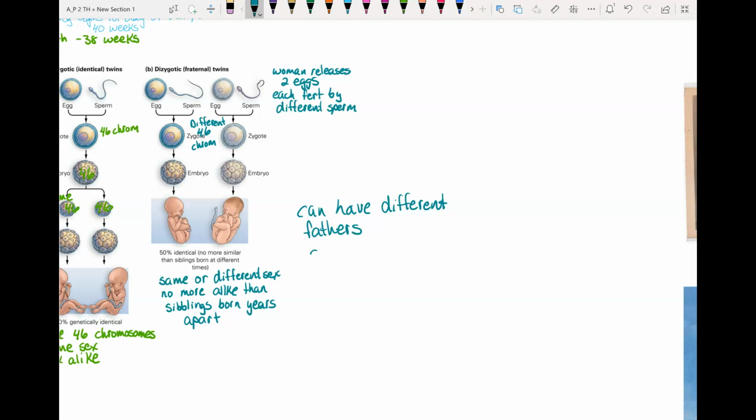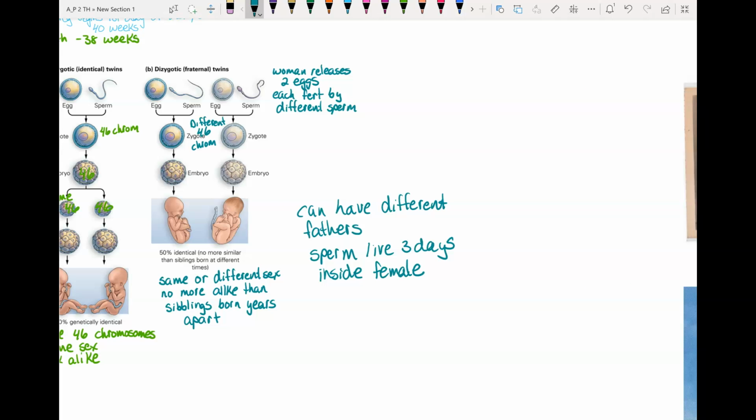Because remember, sperm can live 3 days inside the female reproductive tract. So if a woman has sex with 2 different men during the 3 days before she ovulates, then there would be 2 different sets of sperm there, and it's a 50-50 that each egg could be fertilized by a different man's sperm.